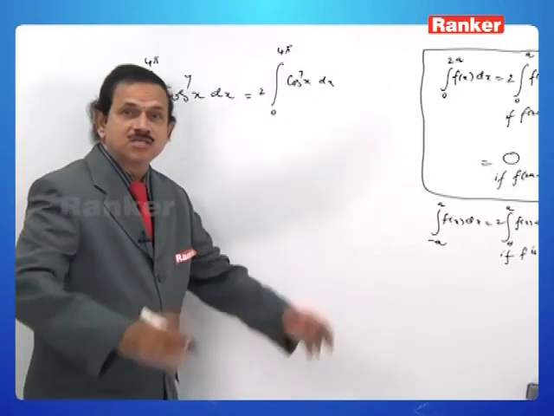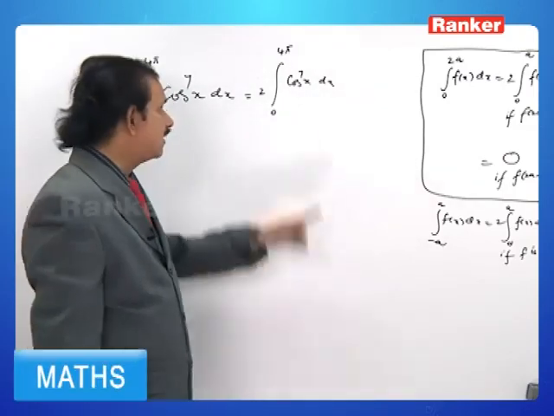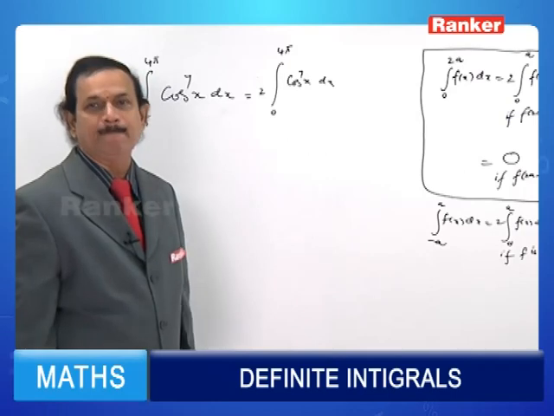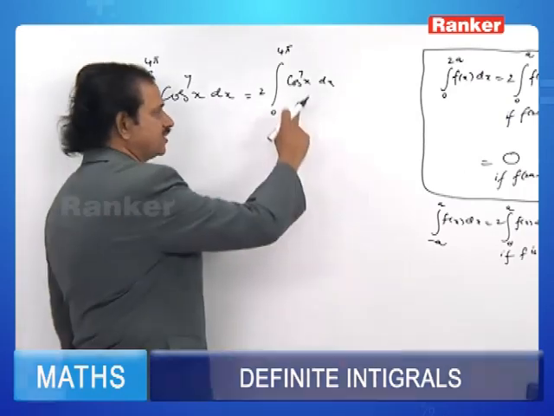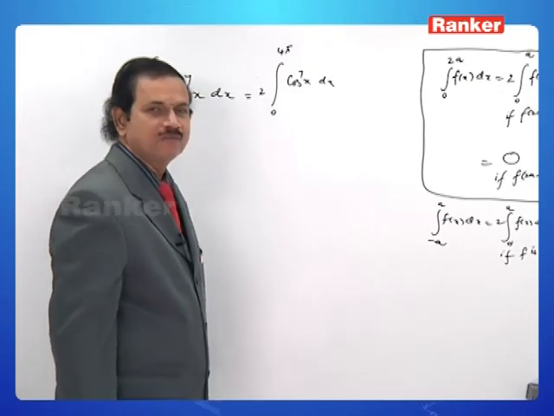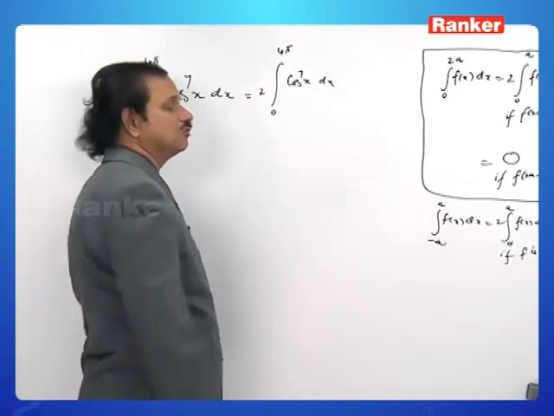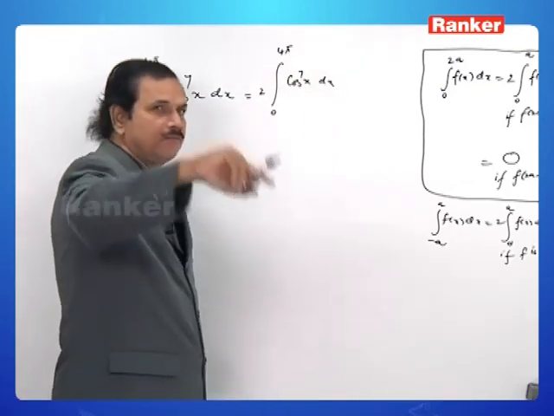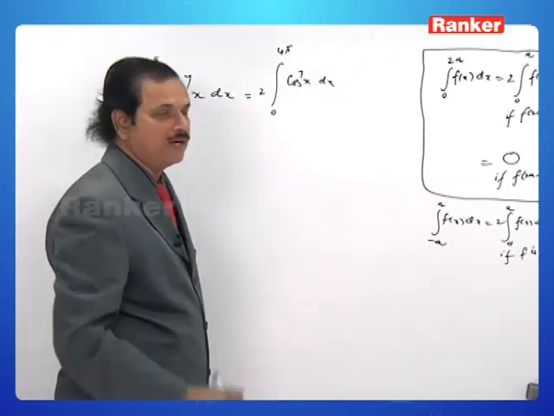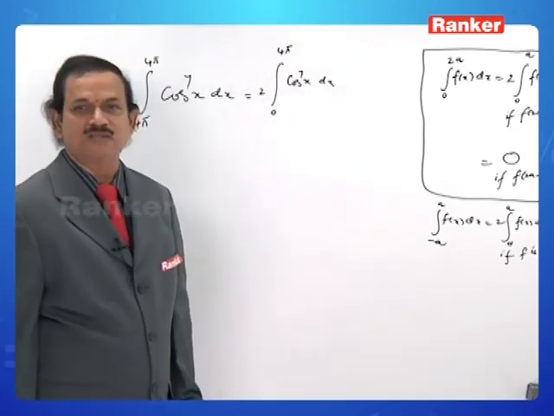Now, this is the time for us to use that formula. In the place of 2a, we have 4 pi. Come on, consider f of x is cos power 7x. What is f of 2a minus x? Cos of 4 pi minus x whole power 7. 4 pi minus x means fourth quadrant. In the fourth quadrant, cos x is positive. Positive power 7, it is again positive.